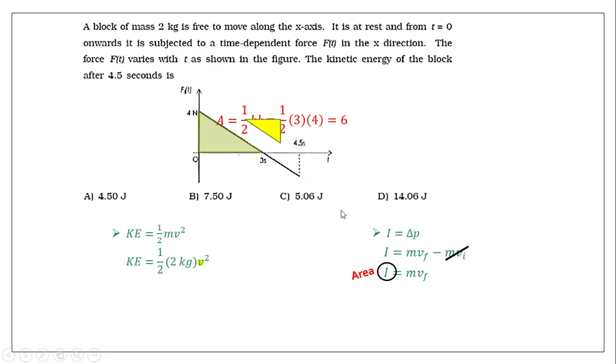And then the area beneath the t-axis here is simply just the base times the height. You notice here the base is super easy to find. It's just 1.5 because it starts at 3 seconds and it ends at 4.5 seconds. So the difference here is just 1.5 seconds. However, the vertical one is not so straightforward.